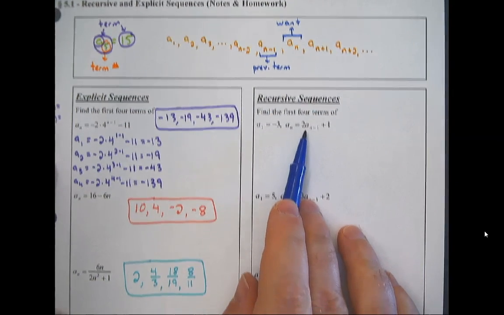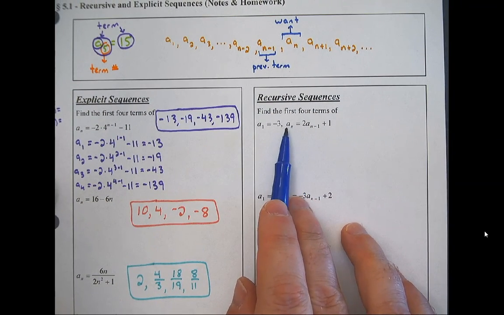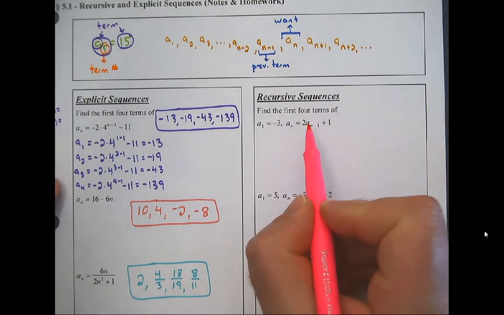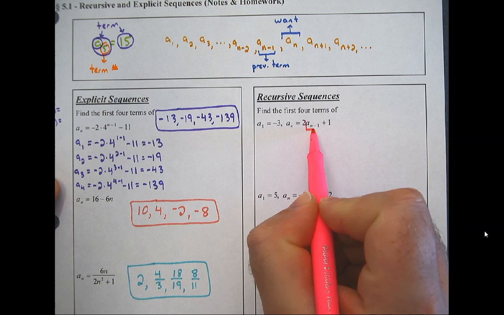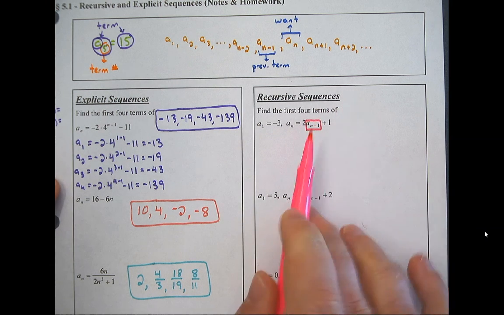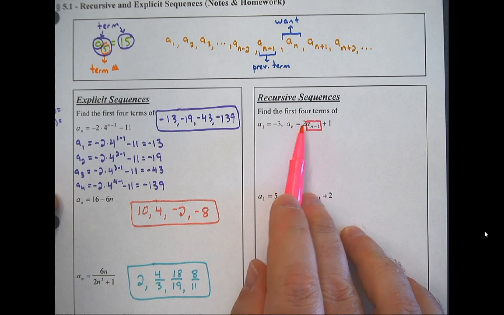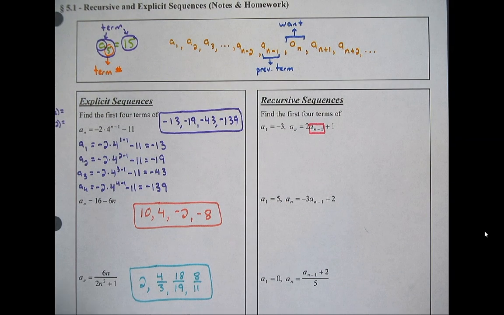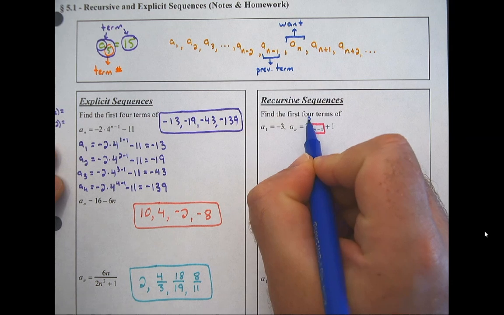So that's what this notation means. I want a sub n. This is the term that I'm trying to get. To use that, I need to base it on the term before it. Now, what messes people up is they think they have to subtract 1 from some number. Really, you're only subtracting 1 in your head when you think about this as a previous term.